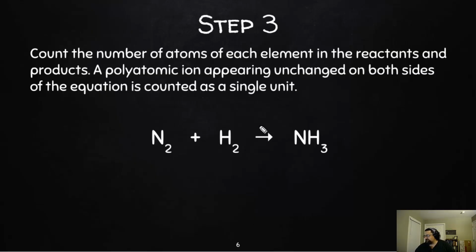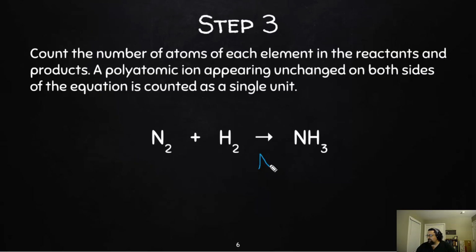So this arrow here is going to act as a barrier, okay? It's going to act as a barrier. And we need to make sure that everything on the one side is equal to everything on the other side. So you're going to count. Now you're going to do the atoms that are in the equation.